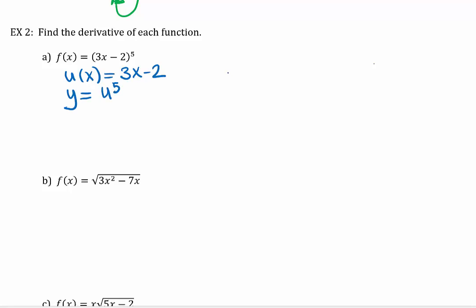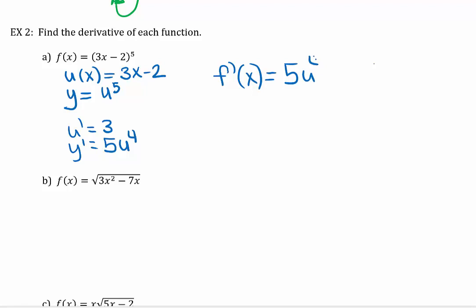So the chain rule says if I want to find f prime of x, the derivative of this function, I have to take u prime and multiply that by y prime. And so if u is 3x minus 2, u prime is 3. And if y is u to the fifth, then y prime is 5u to the fourth. So the chain rule says we take y prime, 5u to the fourth, times u prime, which is 3.